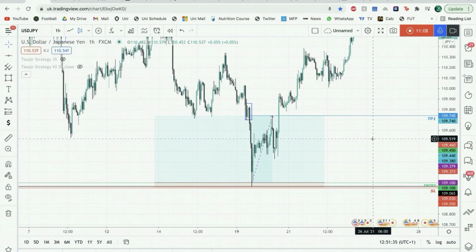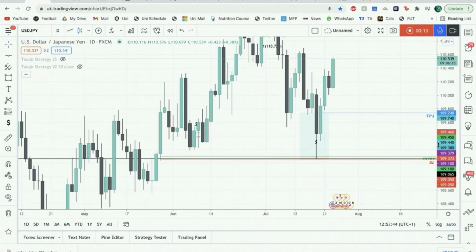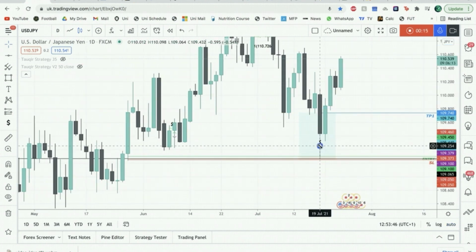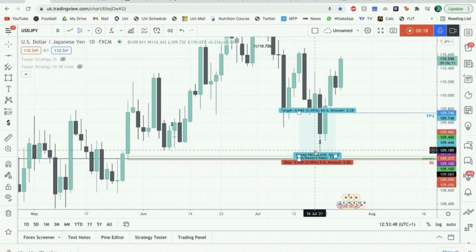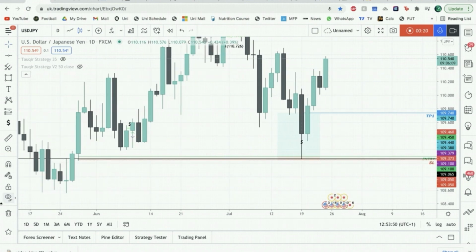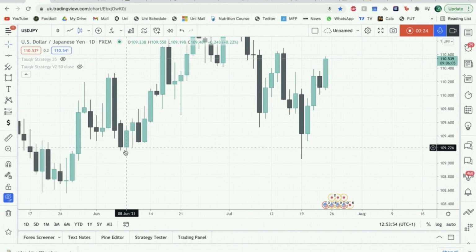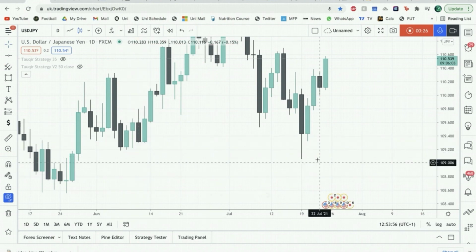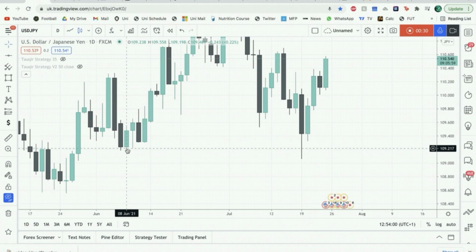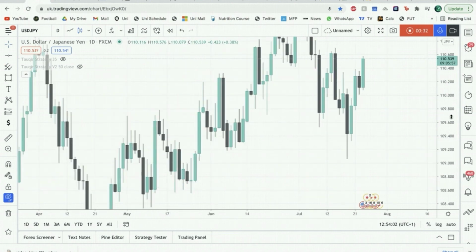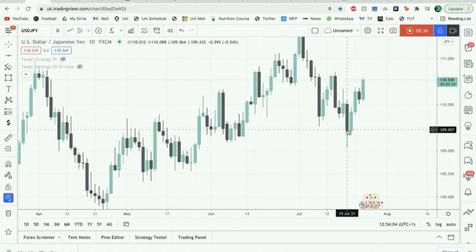Also, another little nugget for you guys, if you check the candle of the Monday of the 19th, where I actually caught the entry, notice how when price came all the way down here, if I make it nice and clear, you can see price actually came beneath the previous lows here. So we had every opportunity to close beneath those lows and therefore break structure on the daily time frame. However, by the end of Monday, what happened?